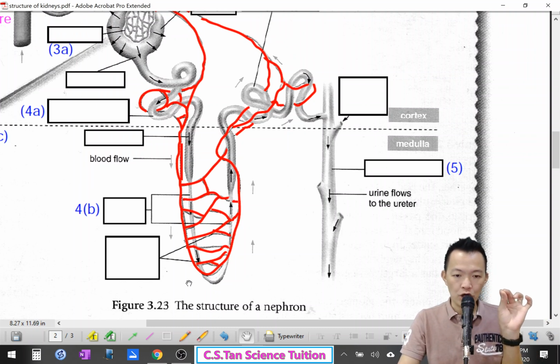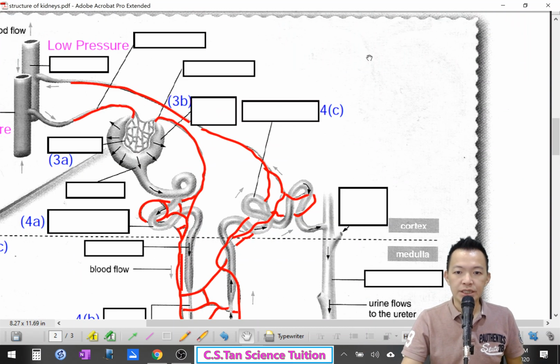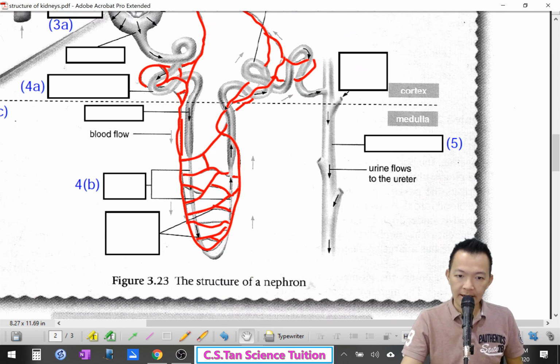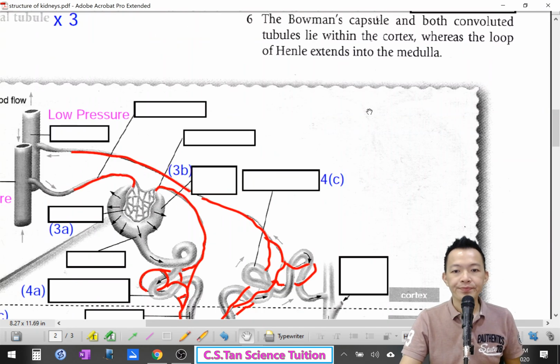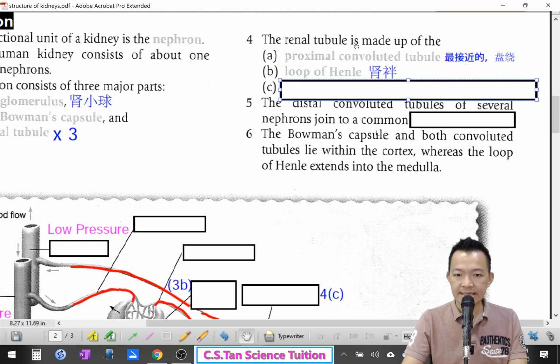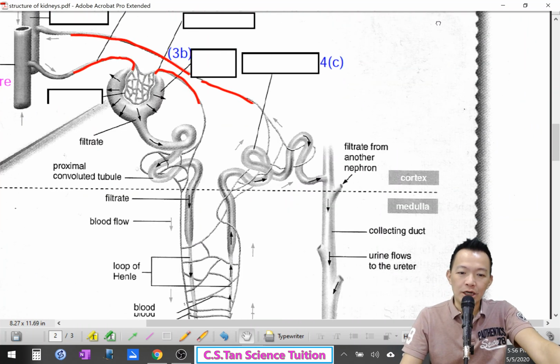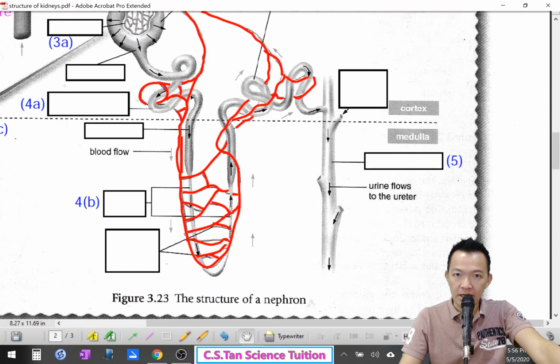But after the proximal convoluted tubule, it will go to another part, the second part. This is the part that we call the loop of Henle, 这边就叫 loop of Henle. So the second part of the renal tubules we call the loop of Henle, 肾袢. Okay, after the proximal convoluted tubule, 前面盘绕着的管道, it will be followed by the loop of Henle.